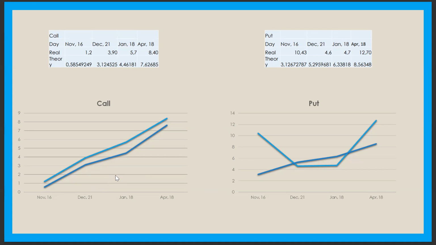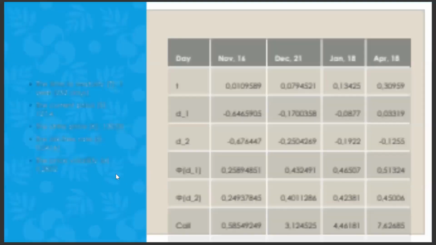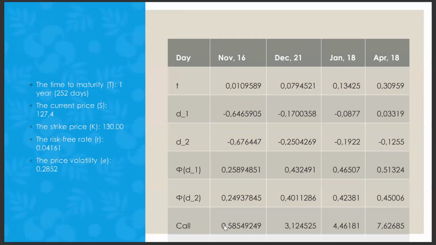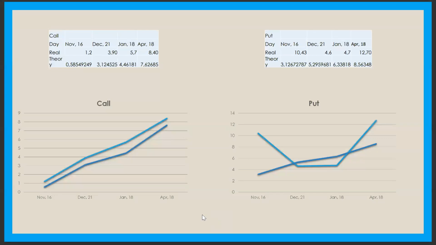After that, we can compare this value, for example, call for November 16, it is 0.58. But what is the value on the site? On the site it is, for example, 0.63. And you see that these graphs don't coincide.